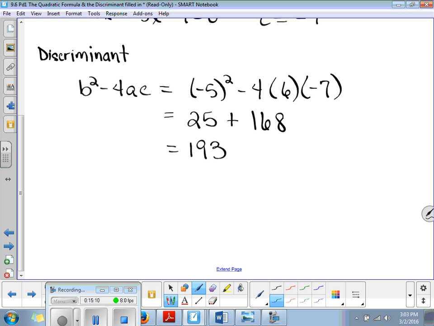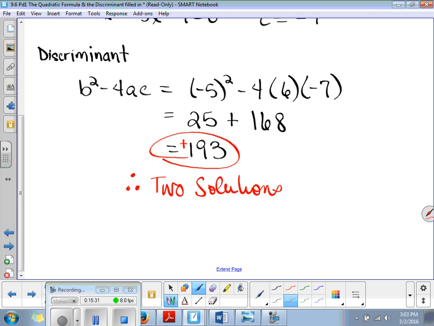So my discriminant is positive. Right? So how many solutions do I have? 2 solutions. Therefore, 2 solutions. Do I know what the 2 solutions are right now? No, I do not. I only know that there are 2 of them. And if I wanted to find out what the 2 solutions are, then I would have to use the entire quadratic equation.